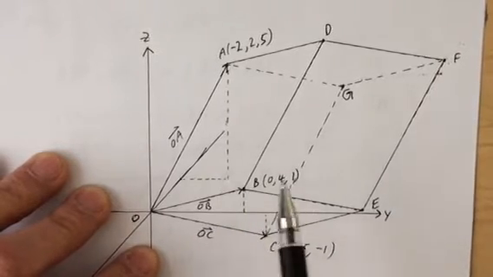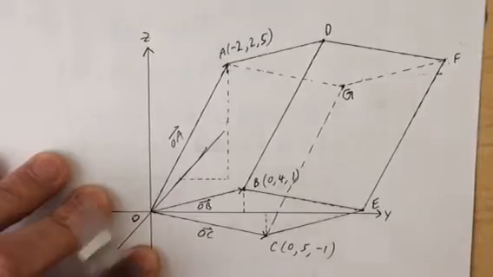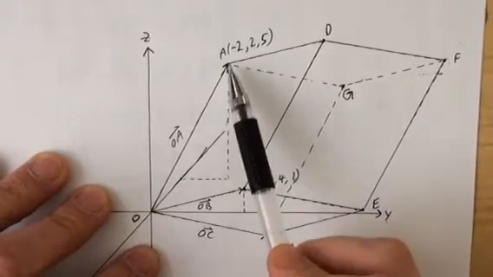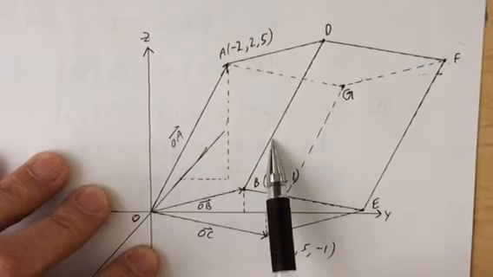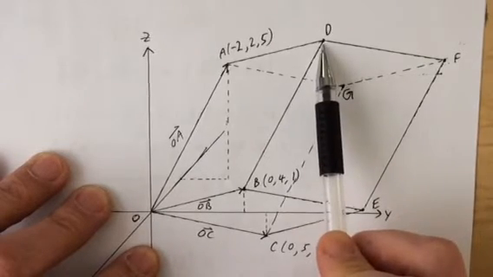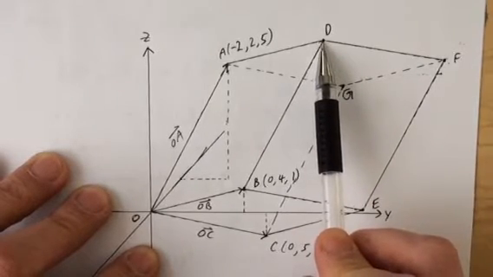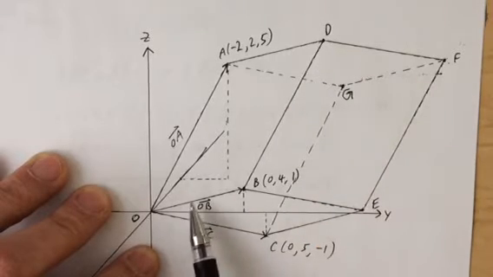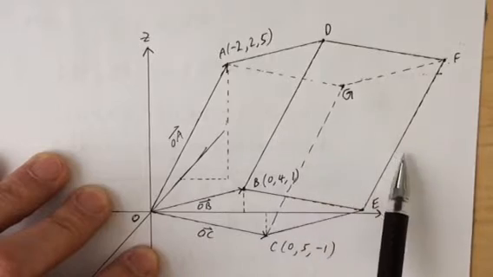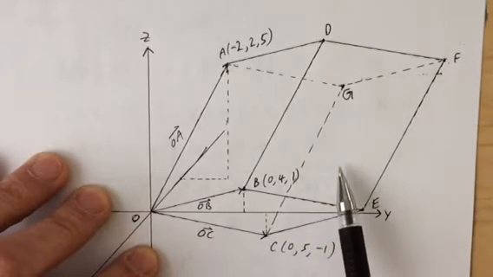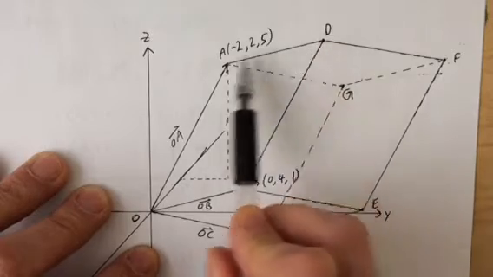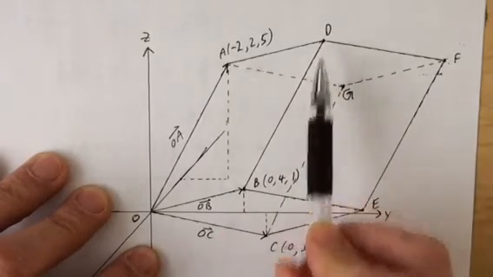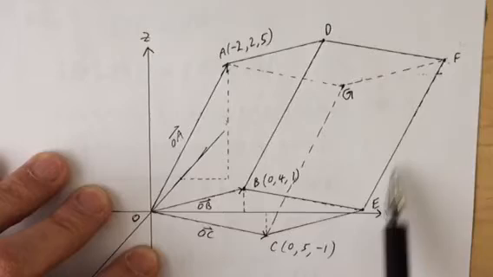And then I want one of the other sides, so I take this vector here, and OB, and I translate OA over to here. So I get one of the sides that you can see, one of the faces. And I take that vector and I translate it over here again, and I get another one of the faces. OB I put up here, so that this is a parallelogram shaped the same as this parallelogram.